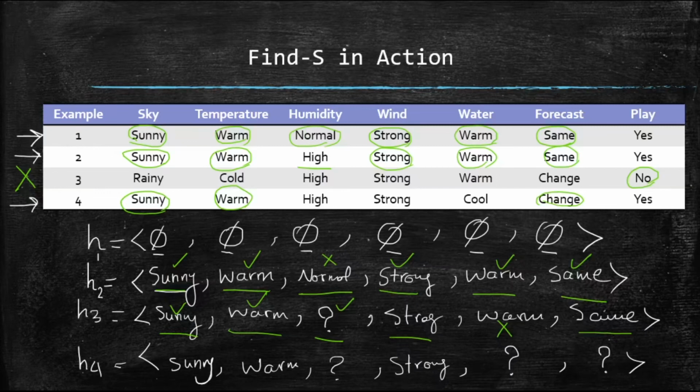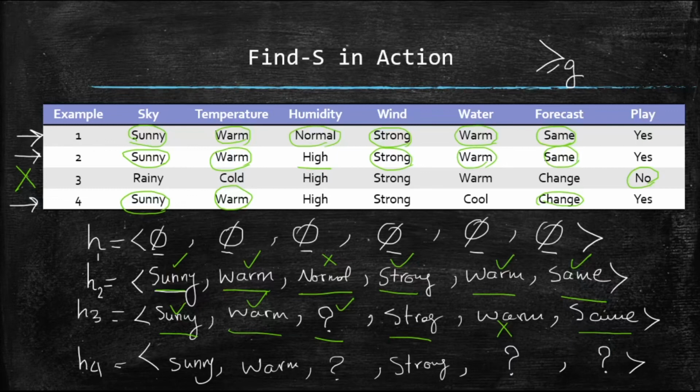Now you can pause the video and just look at hypothesis number 4. We have reached the end of our training examples, and H of 4 is what we've converged to. So we searched through our hypothesis space, capital H, and we jumped from H1 to H2 to H of 3 to H of 4, and the way we did it was through utilizing this relationship called more general than or equal to.